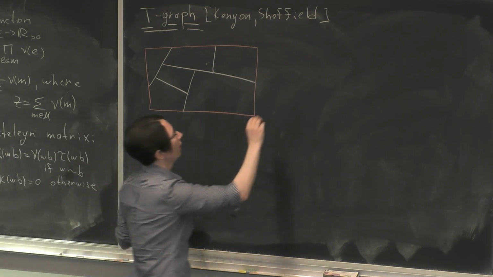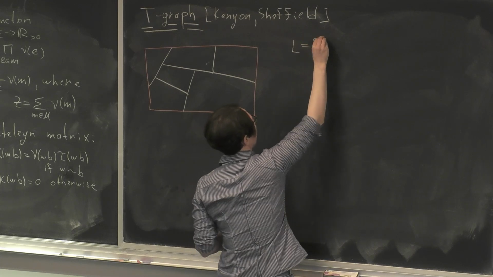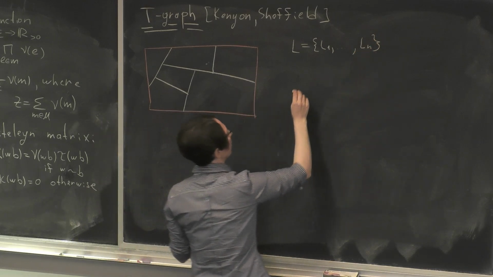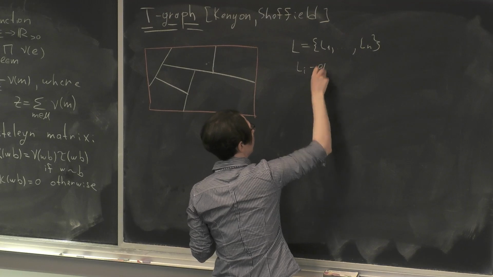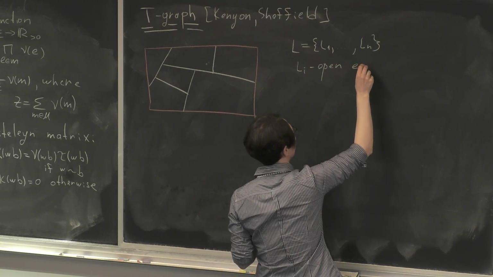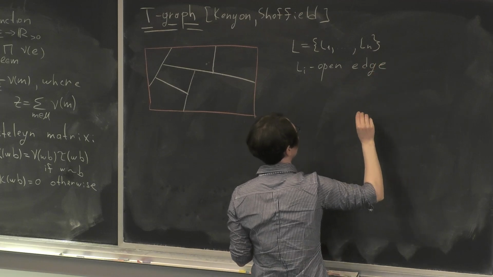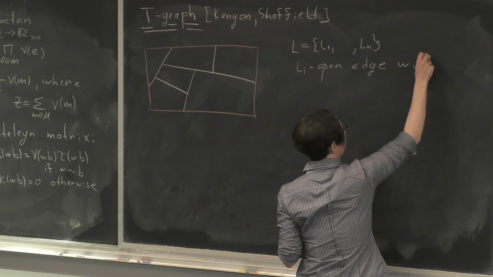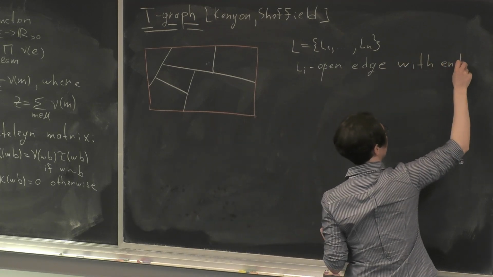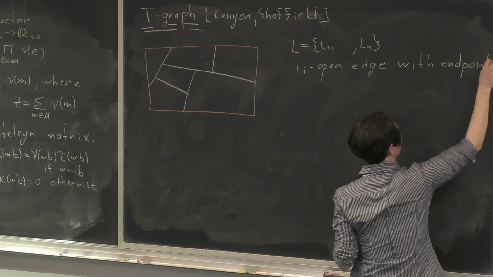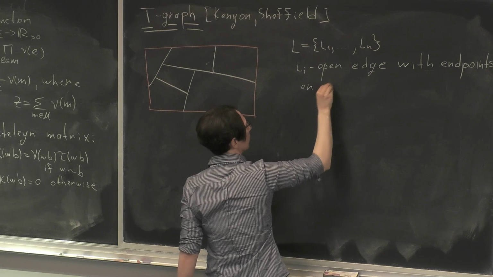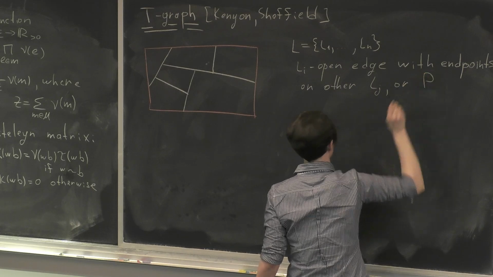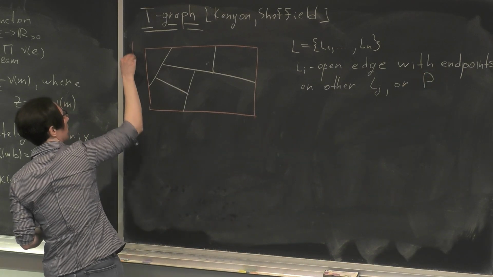So consider the set of open edges. So L_i is an open edge with endpoints on either L_j or P, where P is my polygon which I start with.